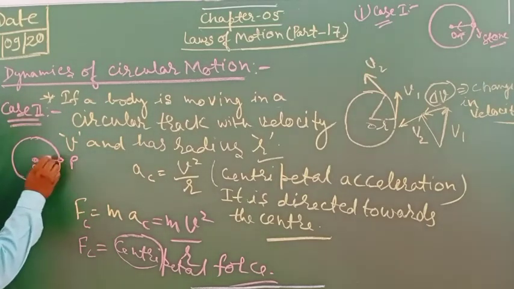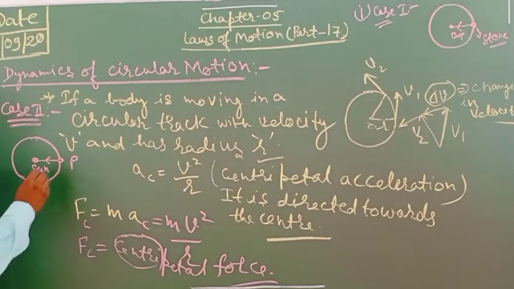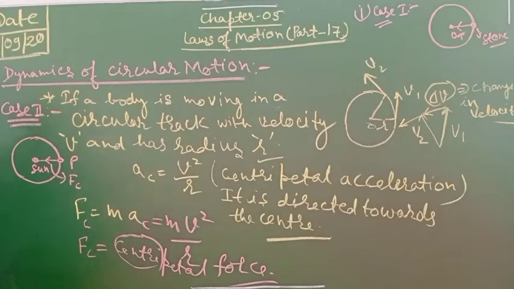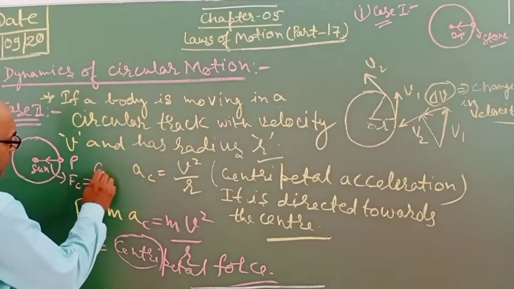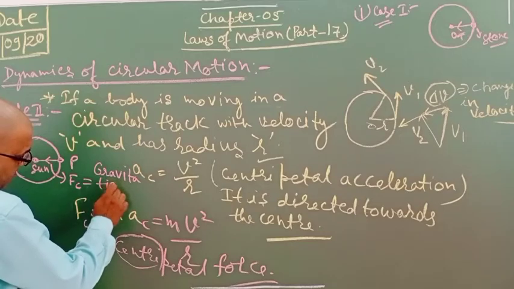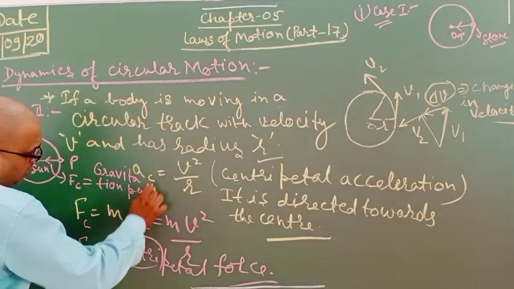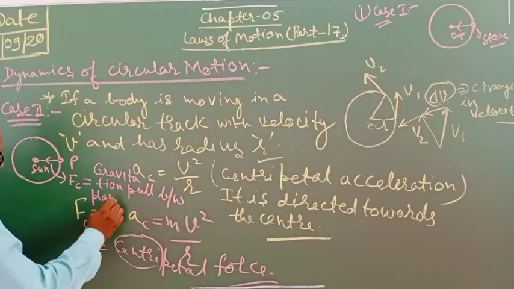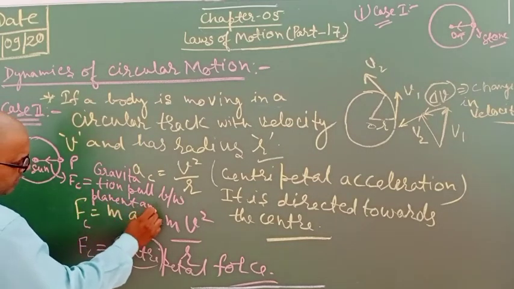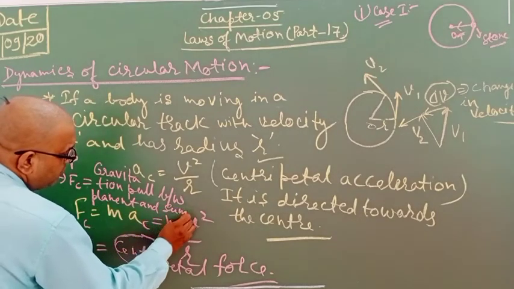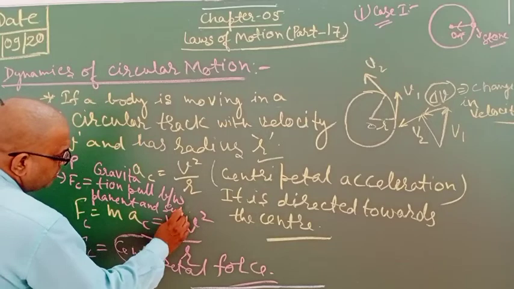So the centripetal force for the circular motion, that is Fc, is provided due to what? It is provided due to the gravitational pull between the planet and the sun.